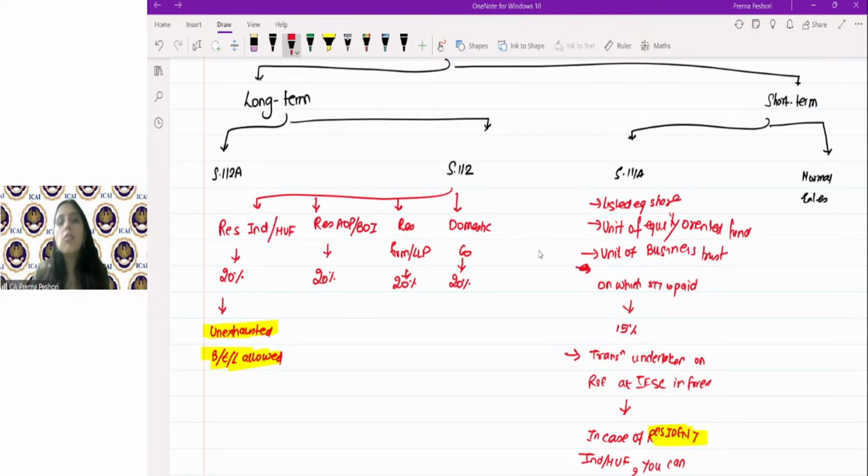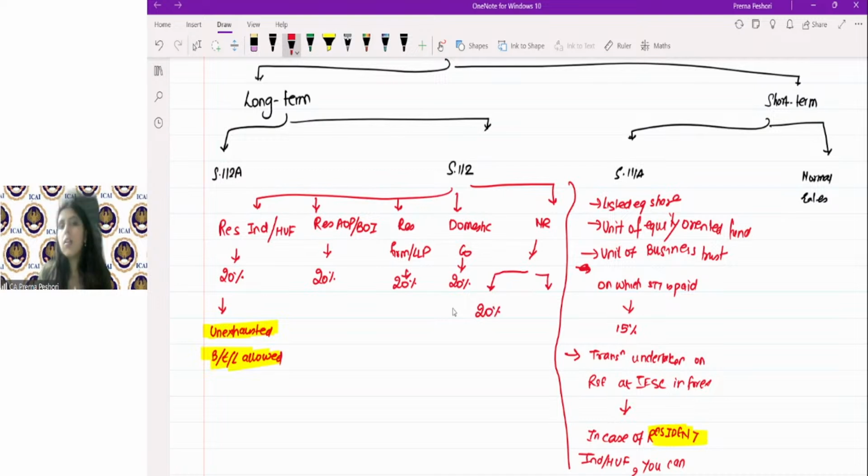For the non-resident, it is 20% again. But there are two categories for the non-resident, which we are going to see. For the time being, you can consider 20%.